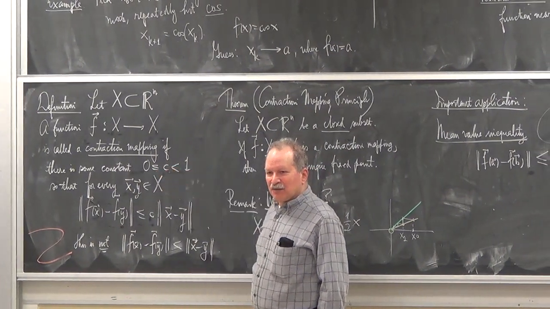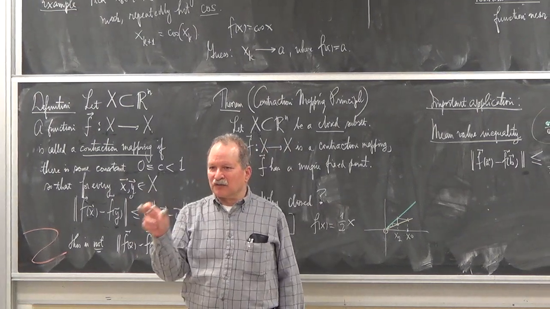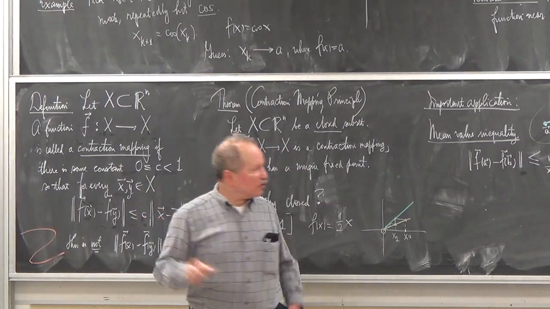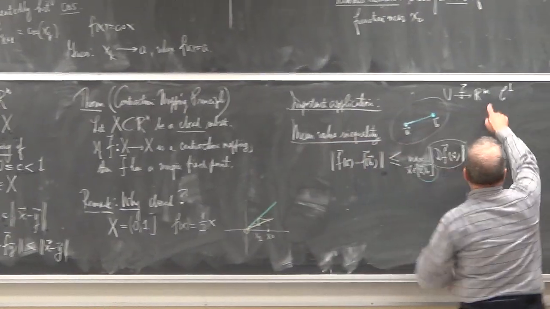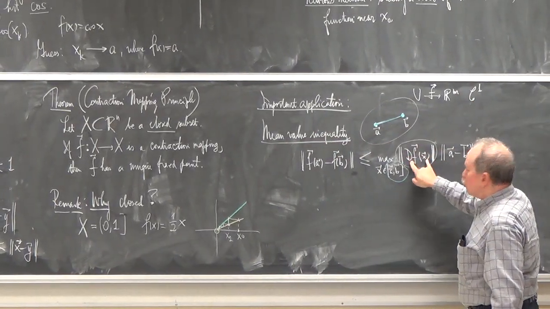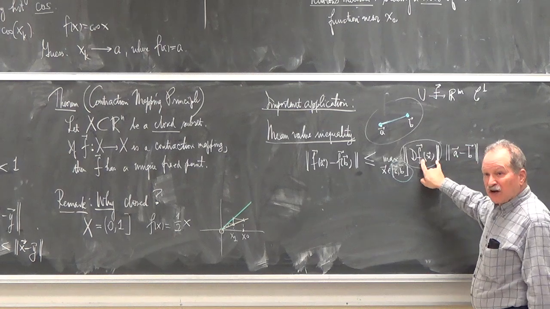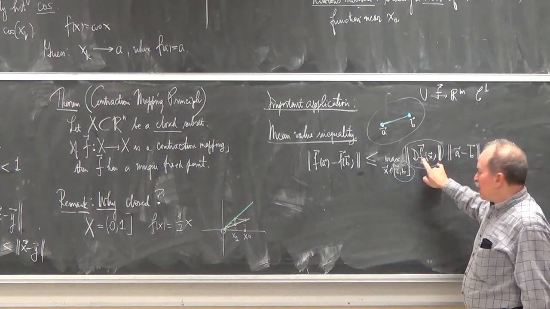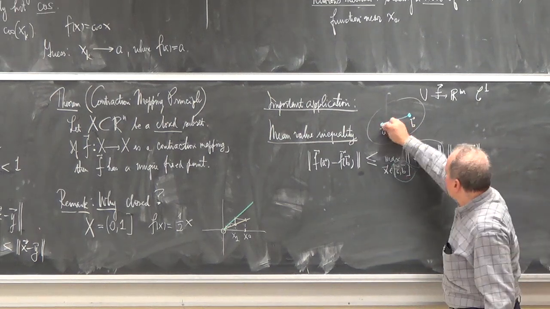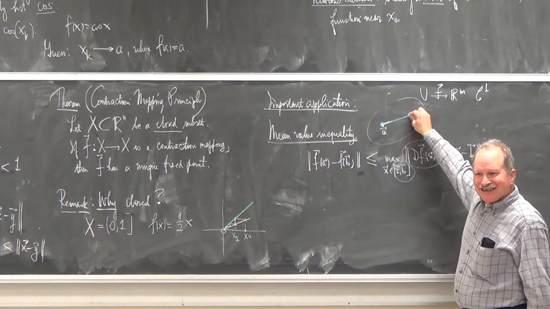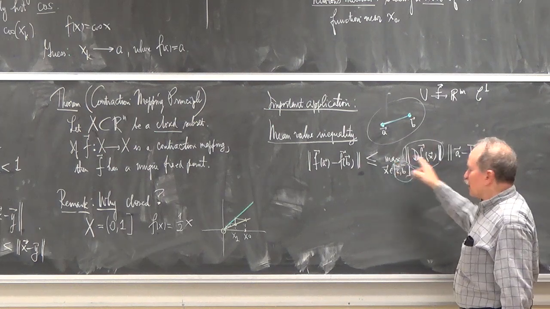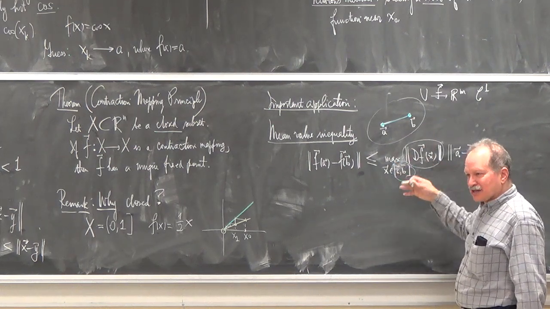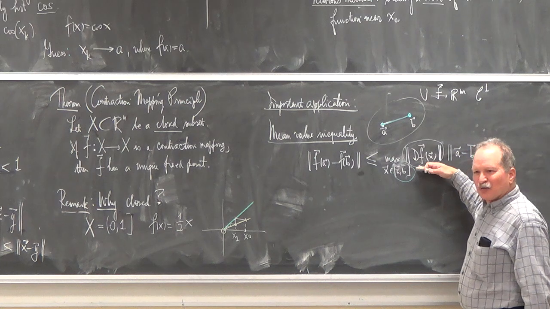You're taking a maximum over a closed interval. Right? Because f is C1, the norm of the derivative is a continuous function. So the closed interval from a to b is a compact set. So the max value theorem says there is a maximum, and since all the numbers are less than 1, that maximum will be less than 1.